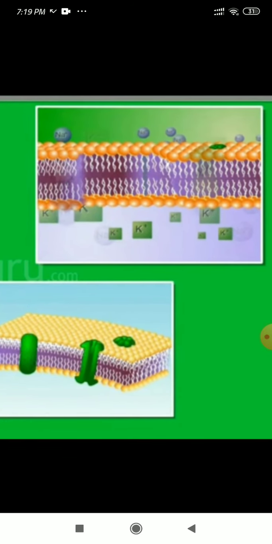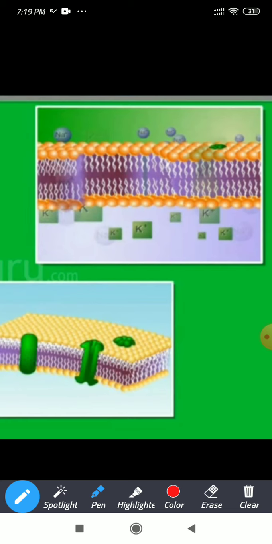These are the fats, generally. In our biological terminology we call them lipids. And in the middle you are seeing some gaps. Those are not actually gaps, they are the proteins. In the below picture you can understand it clearly.